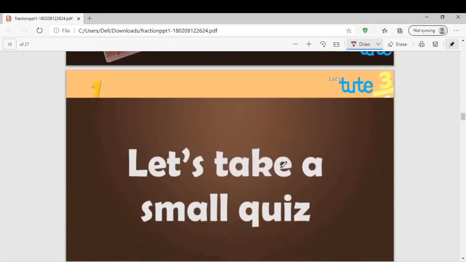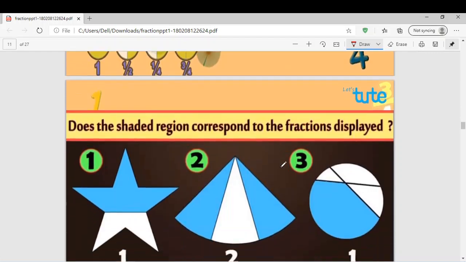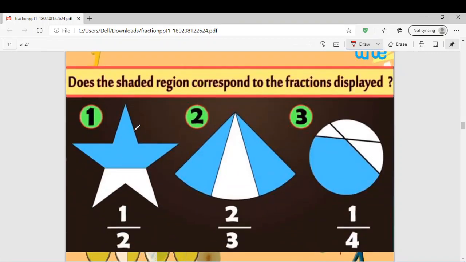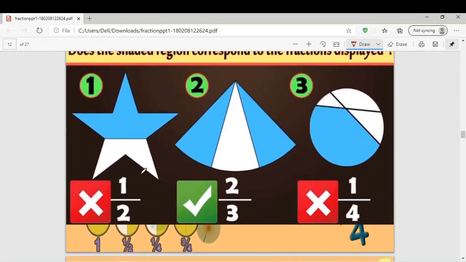So here let's see some examples. See this example: the first figure shows 1 upon 2, then 2 upon 3, and 1 upon 4. Which figure is correct according to the fraction case?